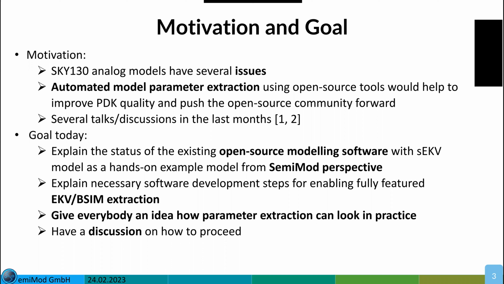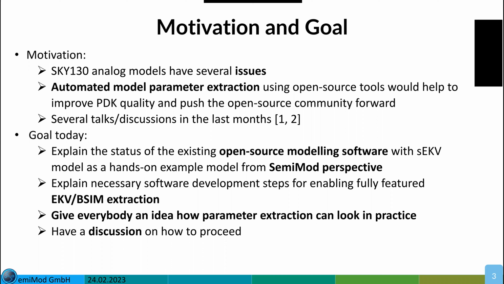So we all know now that the Skywater models have some issues, and there has been continued interest and talk about how we can improve the situation. So far, there have been some activities in that direction, but from the modeling point of view, not so much.